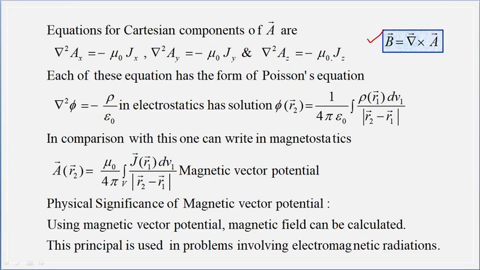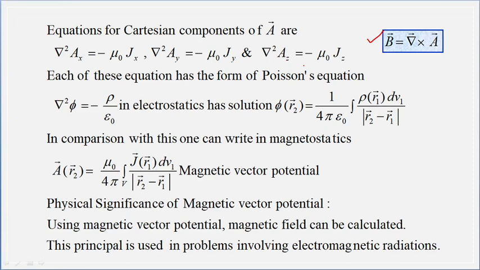Now we compare it with electrostatics. As I already mentioned to you, many equations in magnetism are directly taken from electrostatics by replacing the corresponding quantities. The reason is that the derivations in magnetic field are very lengthy and complicated.